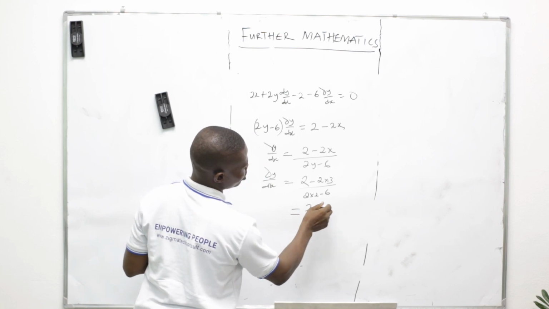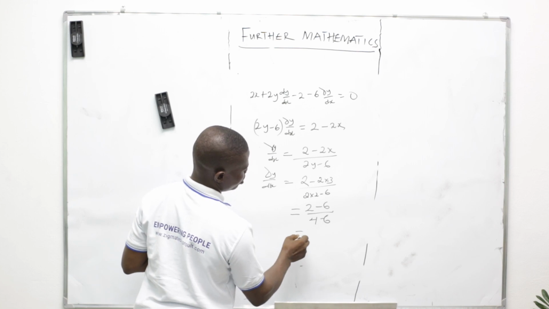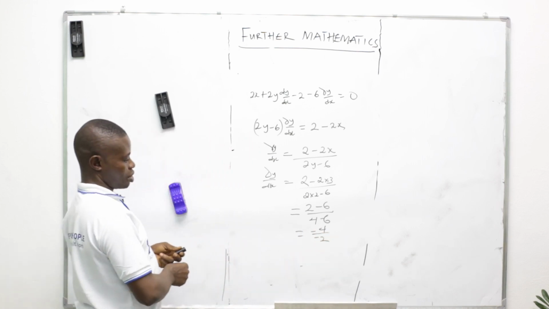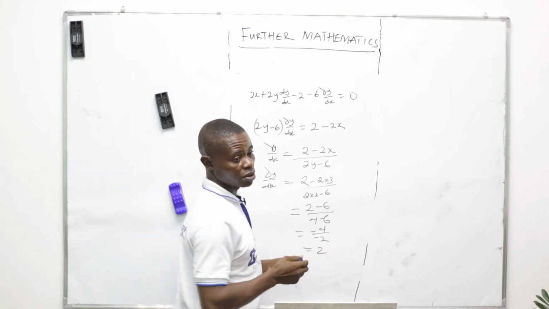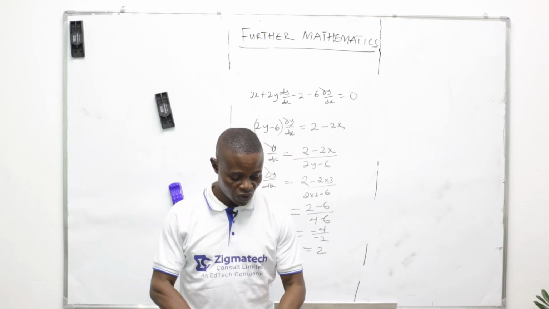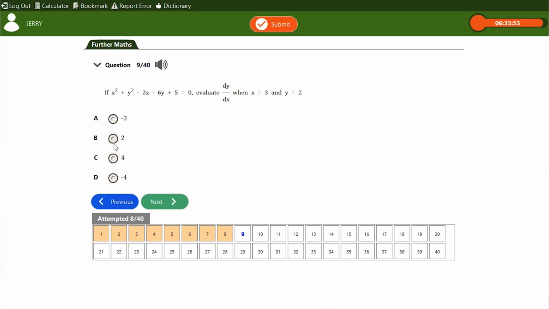This gives 2 minus 6 all over 4 minus 6, which is minus 4 all over minus 2, that is 2. That is our answer, option B.